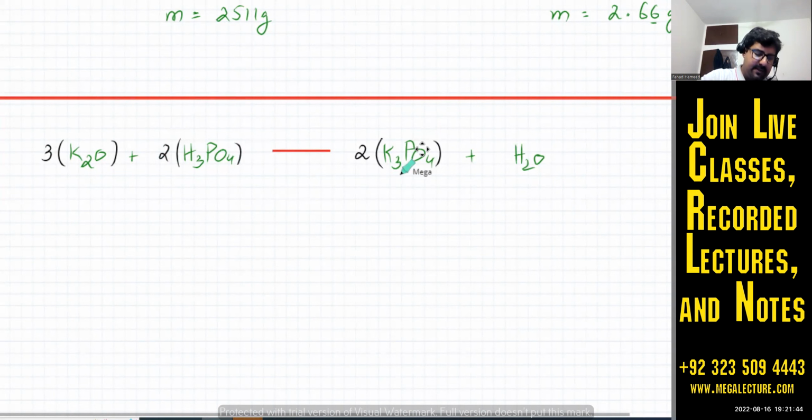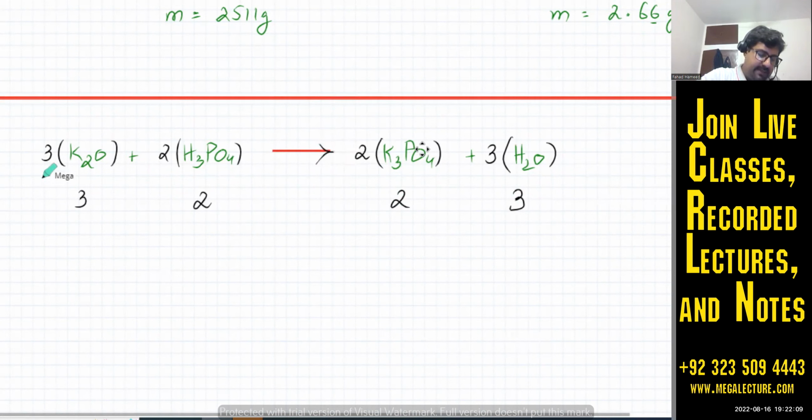And the hydrogens are 6 on this side, so I'm going to multiply this by 3. So anyways, the ratio in which they're reacting is that 3 of this react with 2 of these, and they end up producing 2 of these and 3 of this. So that's the ratio in which things are getting produced and reacting. So that's your equation.